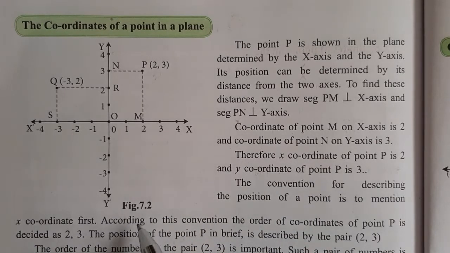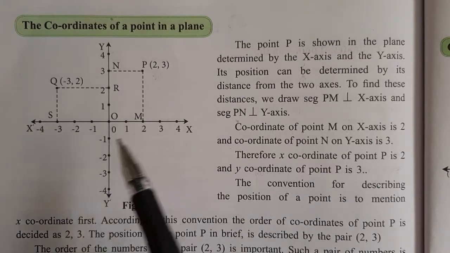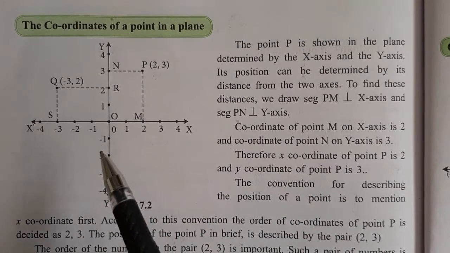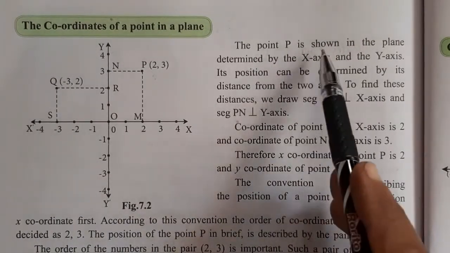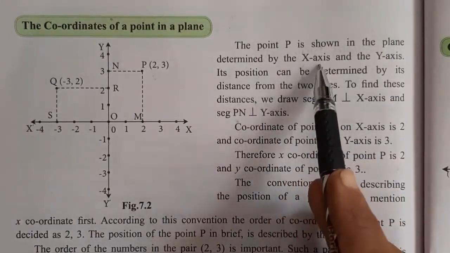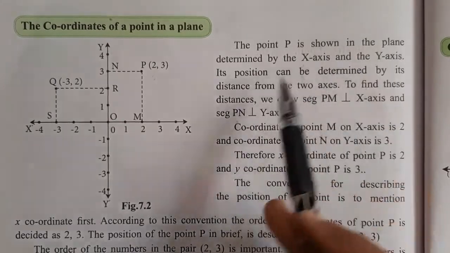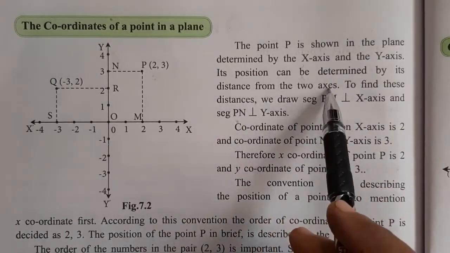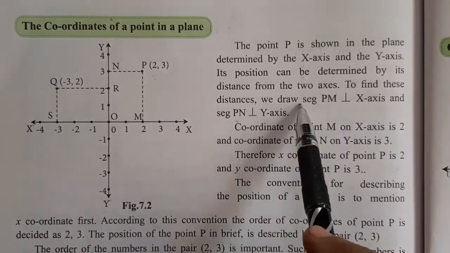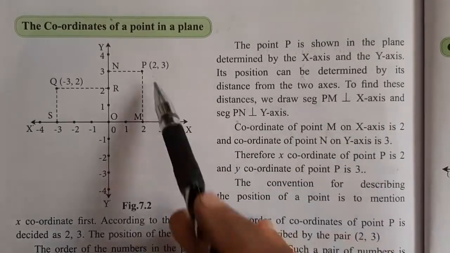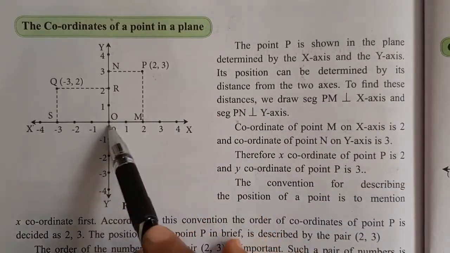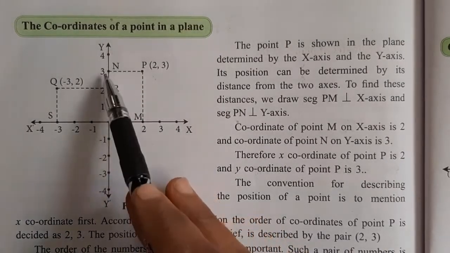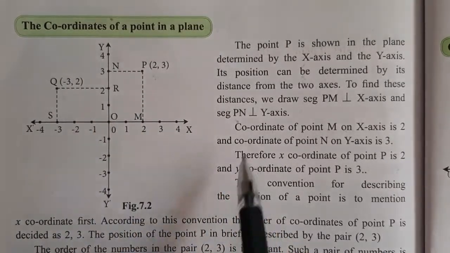Here look at the diagram. Here we can observe the points P and Q are present in a quadrant. The point P is shown in the plane determined by the x-axis and y-axis. Its position can be determined by its distance from the two axes. To find this distance, we draw PM perpendicular to the x-axis and PN perpendicular to the y-axis.